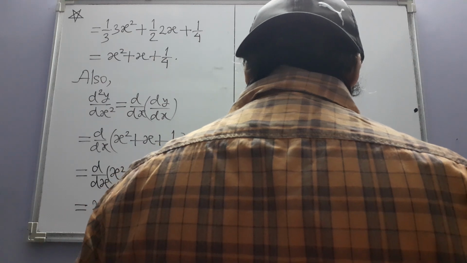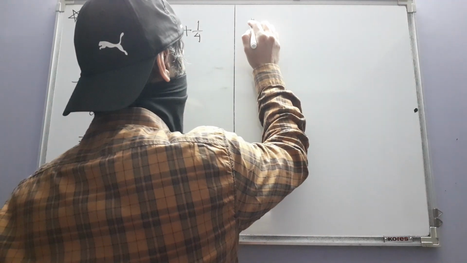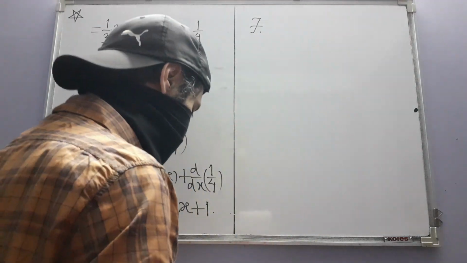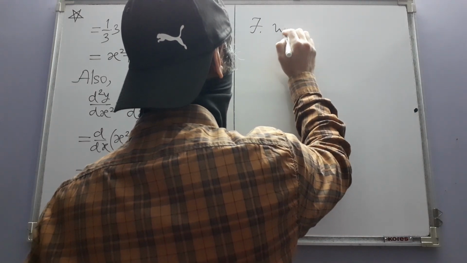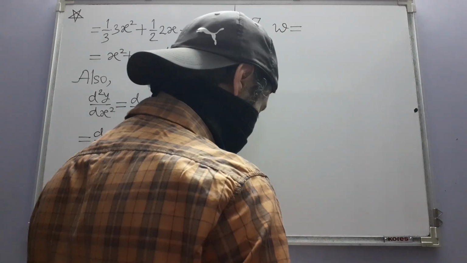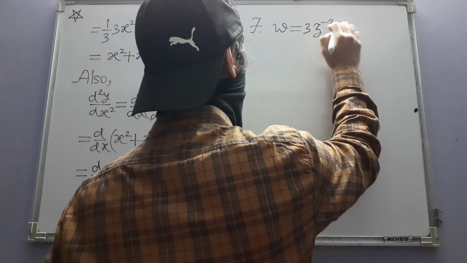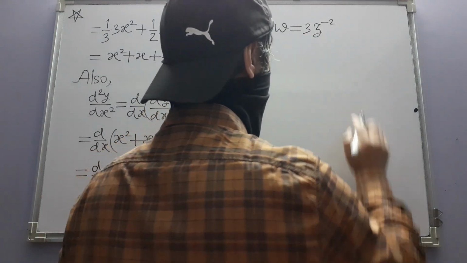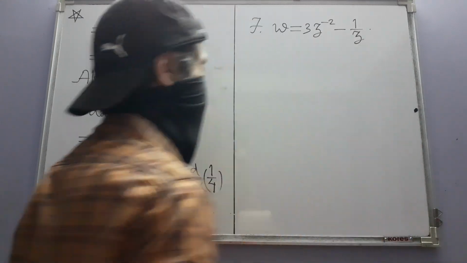All right, so that was, which one have I done? Oh, this one, 6th one. So the next one is the 7th one. And here we no longer have a polynomial. You see, this one is w equal to 3z to the power minus 2 minus 1 over z.